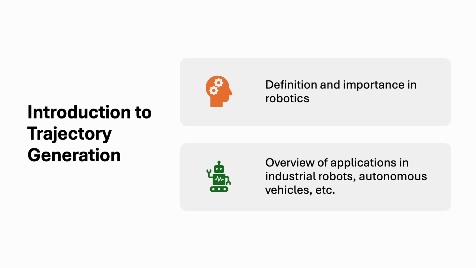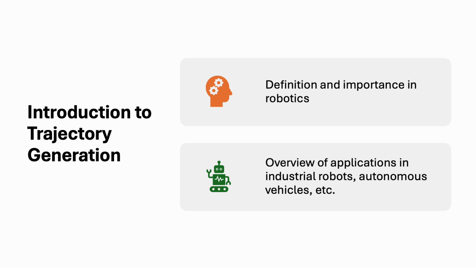The goal is to produce smooth and efficient motion while adhering to constraints such as avoiding obstacles, minimizing energy consumption, and respecting the mechanical limits of the robot's joints and actuators.